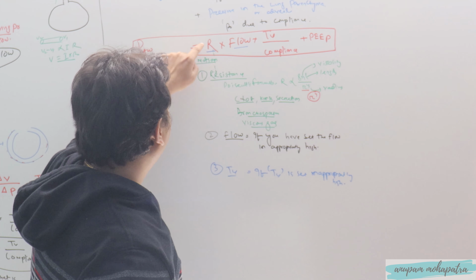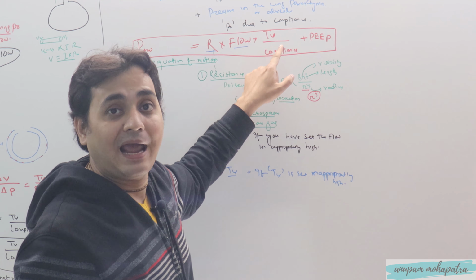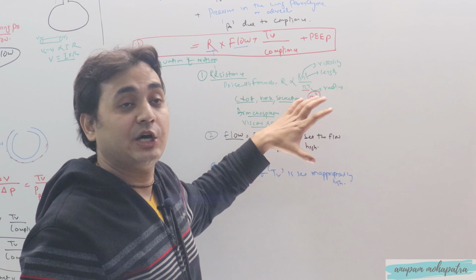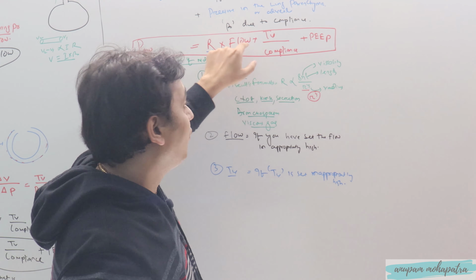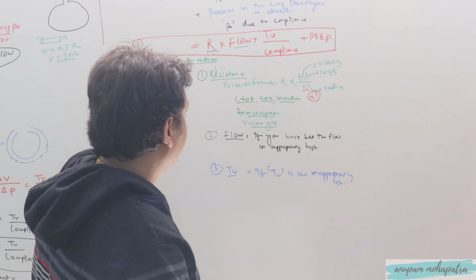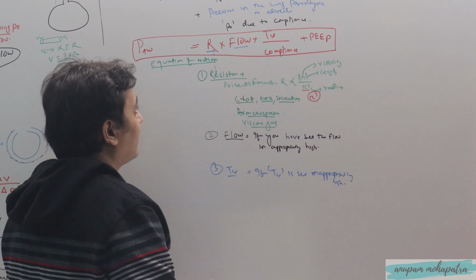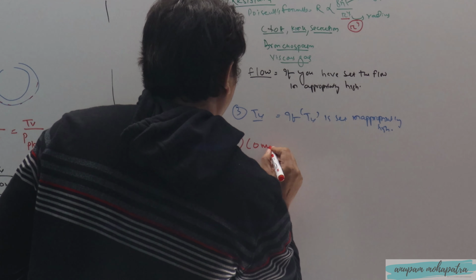Other factors like resistance can produce high peak airway pressure, and tidal volume can contribute and make the peak airway pressure look larger. So do not tamper with tidal volume or flow in the beginning. First try to fix the resistance or the compliance problem. The fourth one will be very, very important. That will be compliance.